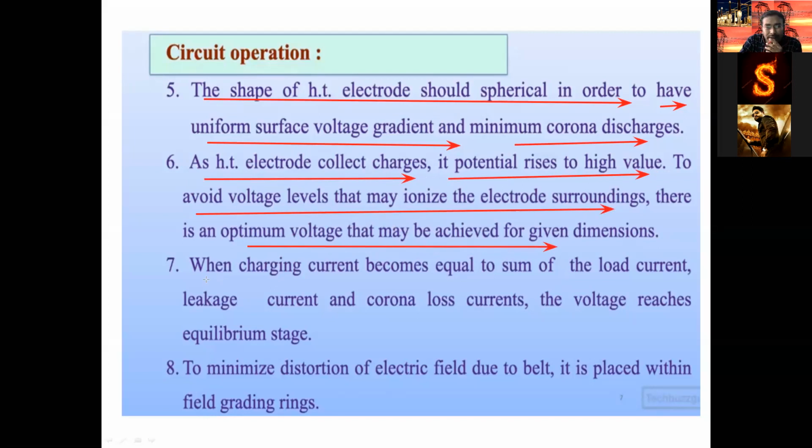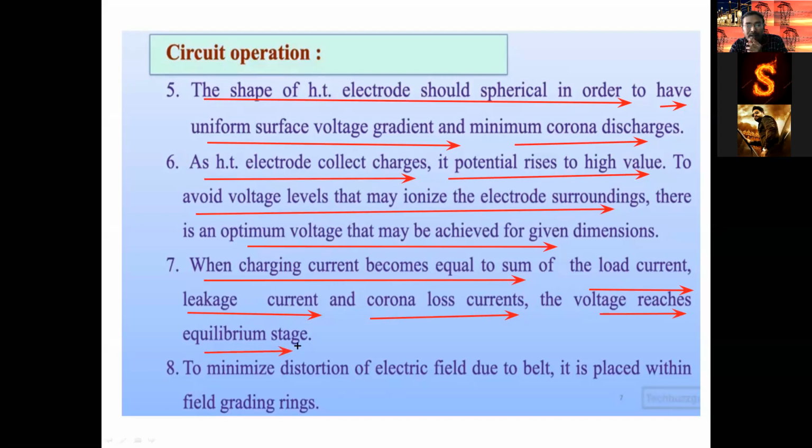Next, seventh: when the charging current becomes equal to the load current, leakage current and corona loss current, the voltage reaches the equilibrium stage. Understood?